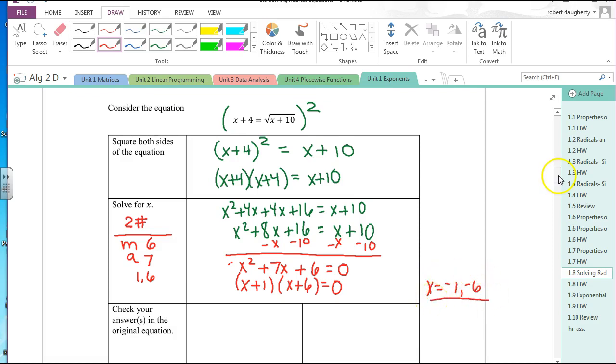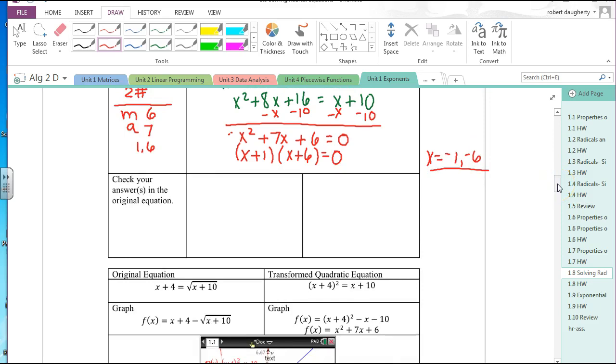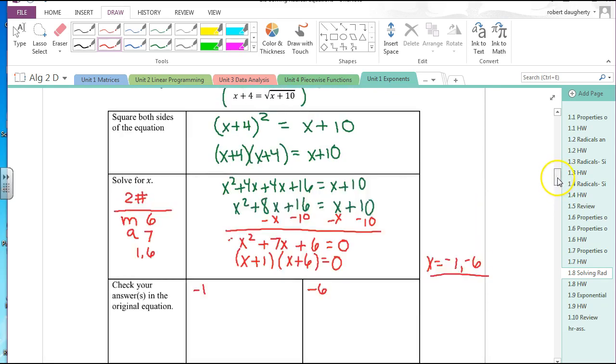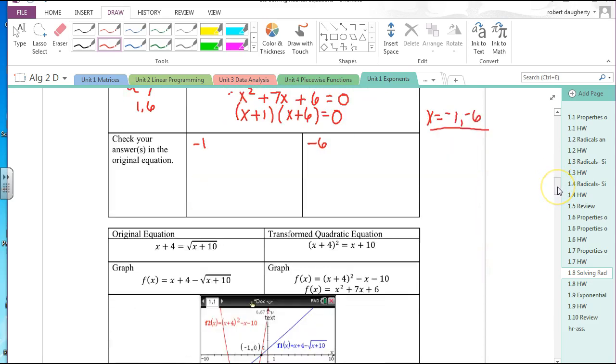Okay. Now, you want to get in the habit of doing what when you get those answers? Check your answers. So I'm going to check -1 and -6 in my original equation. My original equation was x plus 4 equals the square root of x plus 10.